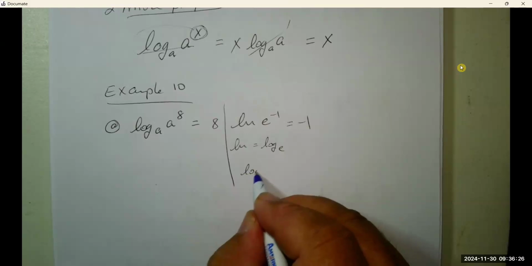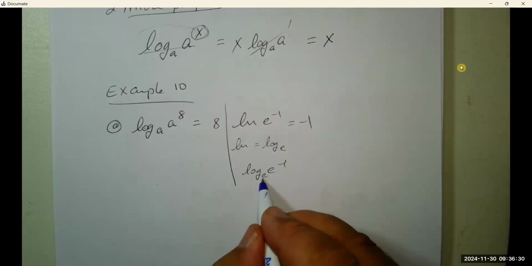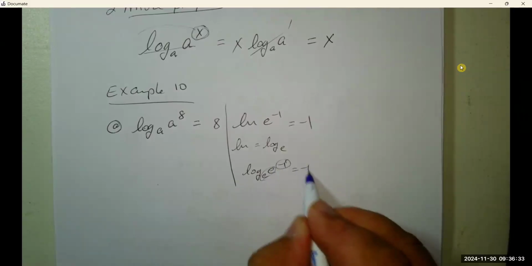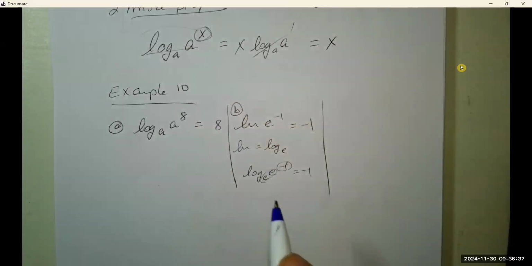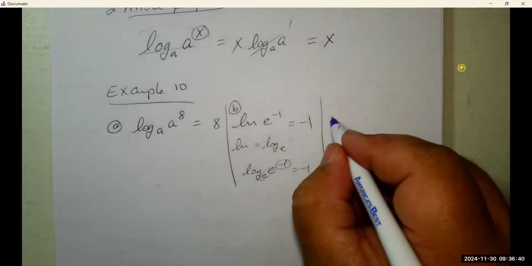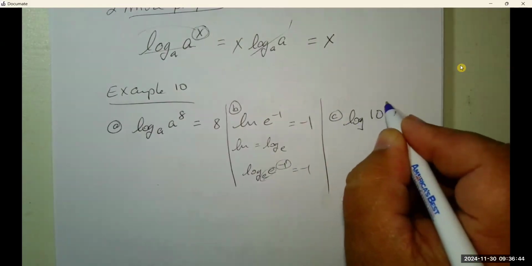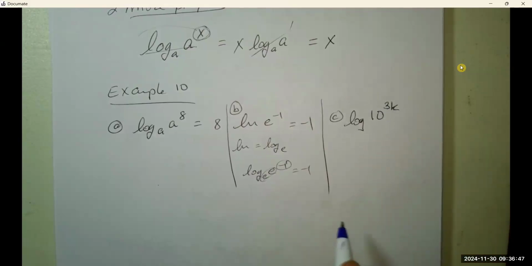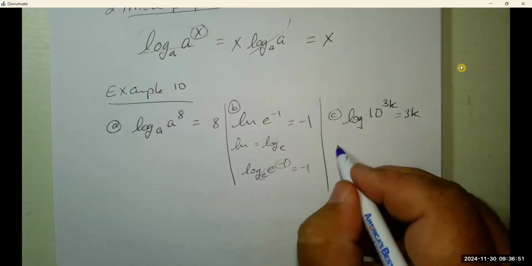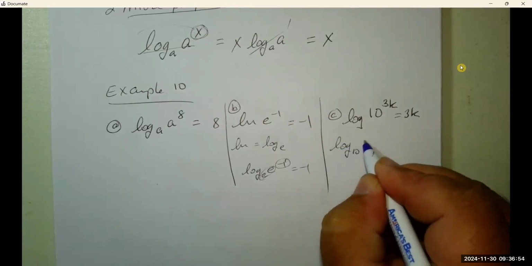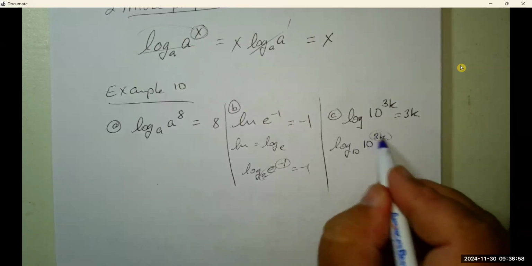So we have log base e of e to the power -1. Since these are the same, the answer is -1. And C, log of 10 to the 3k is equal to 3k, because this is log base 10, so the power goes out in front.